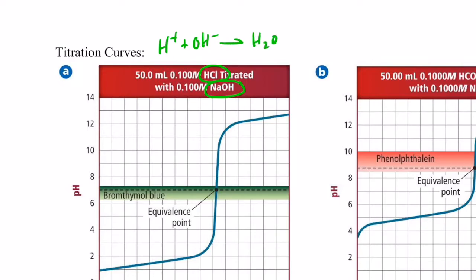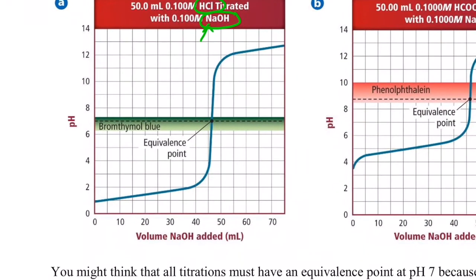At the equivalence point, we have water and we have a neutral salt produced. In this case, it would be sodium chloride. So the pH at the equivalence point, now that would be the pH when I have equal moles of acid and base added to each other, would be 7.